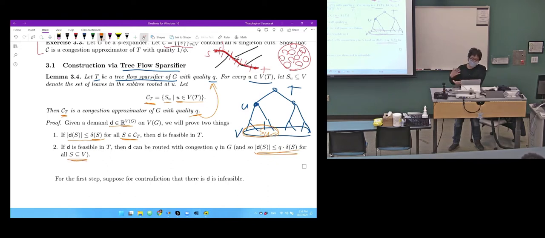There will be 2 steps to do this. Given that the demand is small on every cut in the family, I will show that this demand can be routed in the tree. And if you can route the demand in the tree, you should be able to route it in G too, because this tree is a flow specifier of G. Okay, so let's do it one by one.